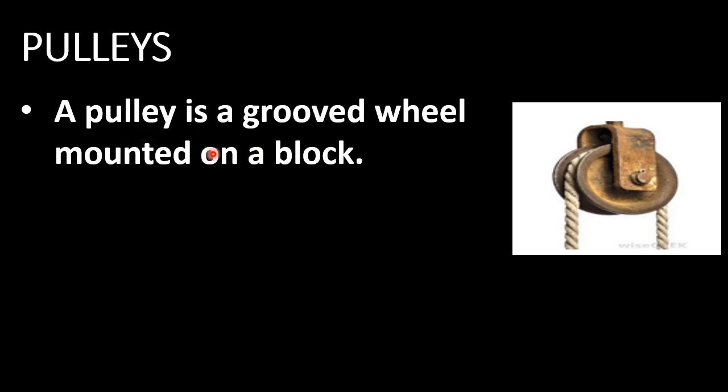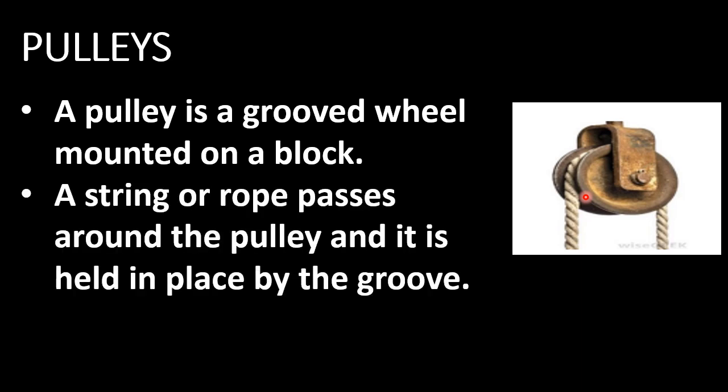It's a wheel mounted on a block. So which part is block? It's this one here. And then we have a wheel which is mounted on the block, and then we have a string passing through a groove. A groove is something like a ditch. So a string or rope passes around the pulley, as shown here, and it is held in place by a groove so that it does not slip away.